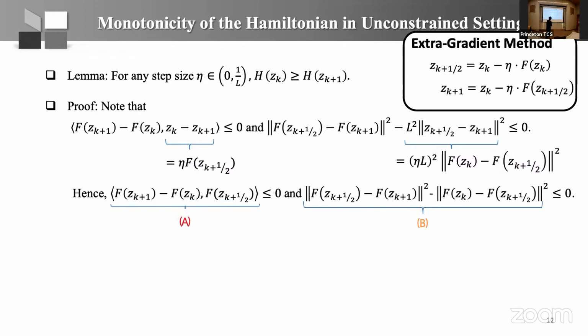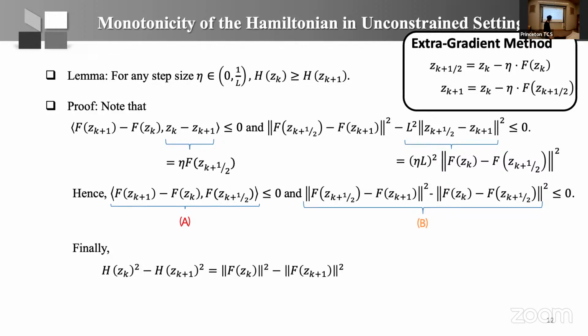I'm going to call these two terms term A and term B. Now I want to prove that this h function, the gradient norm, is non-increasing. So I'm just going to square those terms and look at the squared norm of the gradient over two steps.